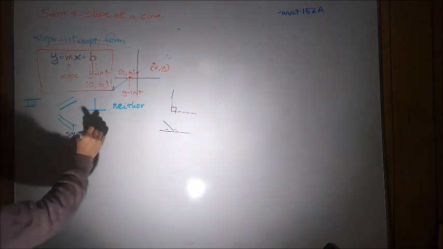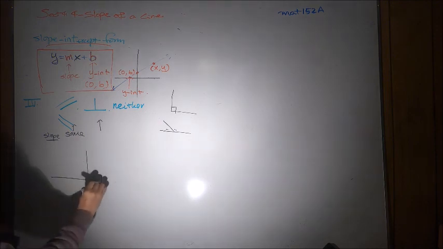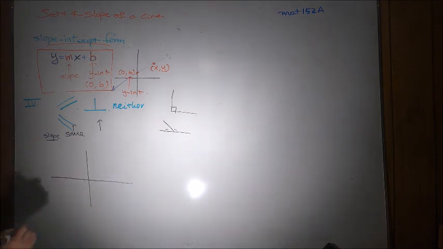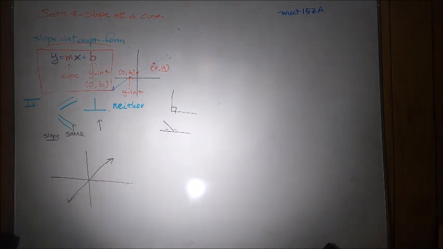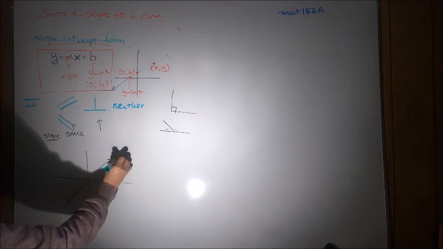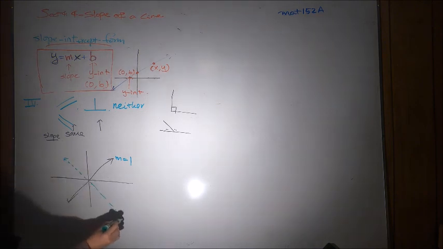Then what kind of lines are perpendicular to each other? So if you look at the basic things, so we say this is what? Slope is 1, right? If it's perpendicular, it will be on the opposite side. It will be here.